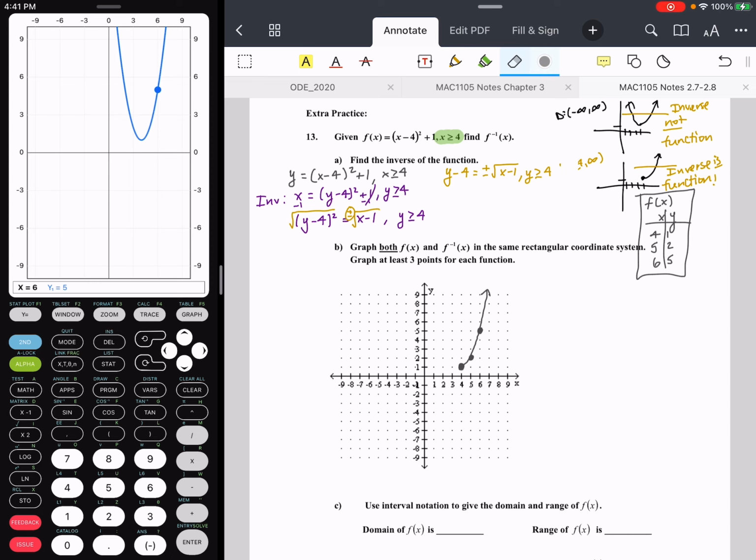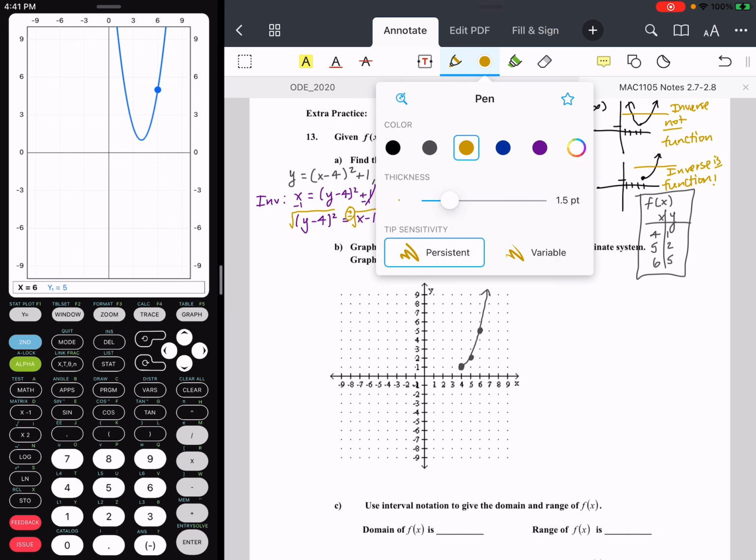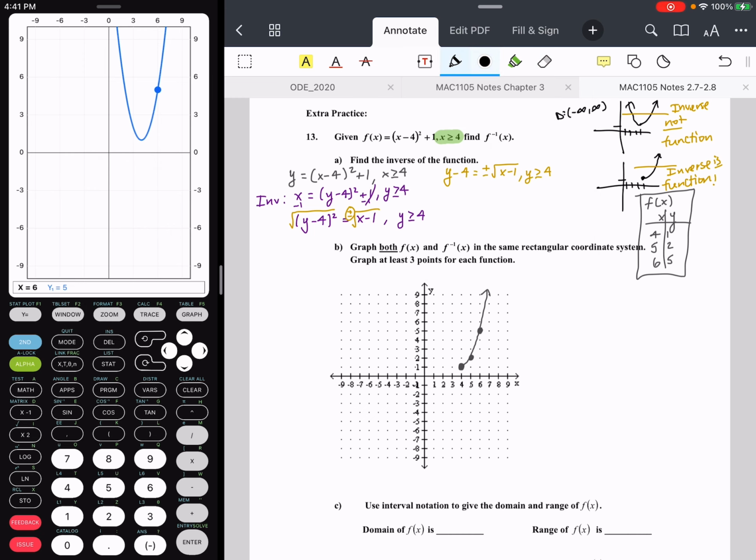I'm just going to erase this little domain so it's not crowding me. Okay, so if y is greater than or equal to 4, then what do we know about this side of our equation? Y minus 4, if y is always greater than or equal to 4, then this side of the equation could be 0 or it could be positive, right?